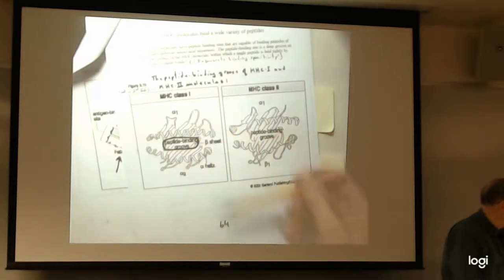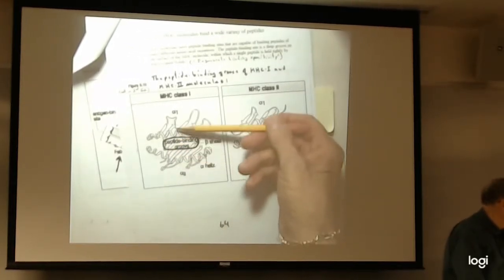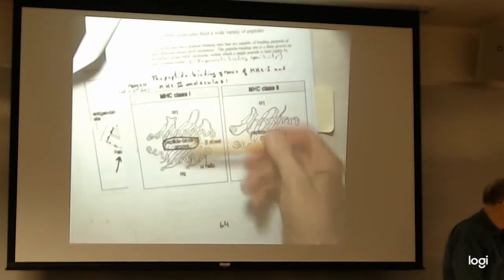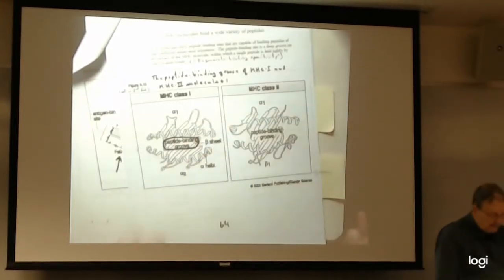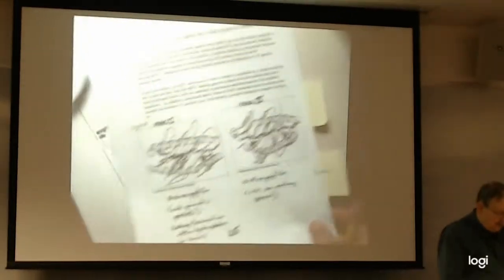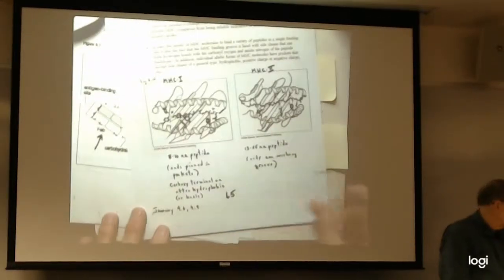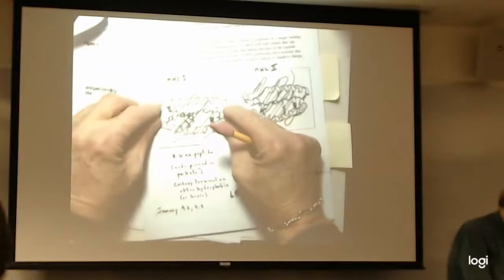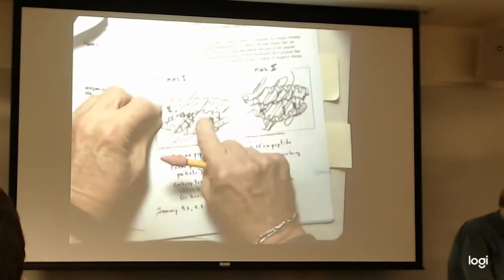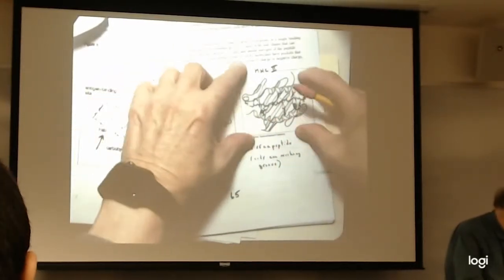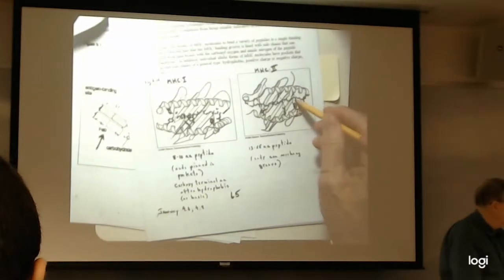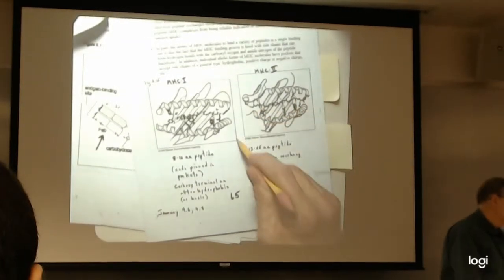The peptide sits on the valley floor between the alpha helical mountains. For class 1 molecules, the end of the valley is closed, so the peptide has got to be within the valley. For class 2, the end of the valley is open, and we can have extra amino acid sequences draped over on either side.